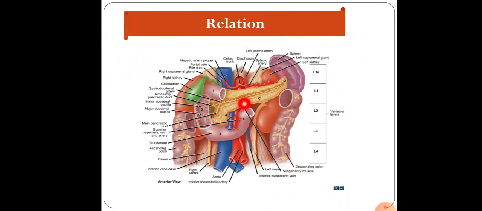The first part of the duodenum is related posteriorly to the portal triad: the hepatic artery, the bile duct, and posterior to it, the portal vein. All these structures rest on the inferior vena cava.